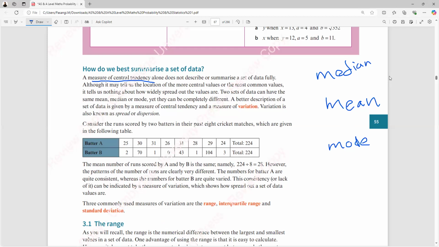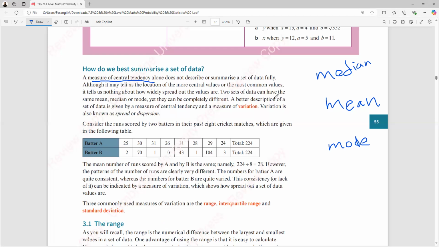Although a measure of central tendency may tell us the location of the most central values or the most common values, it tells us nothing about how widely spread out the values are. So two sets of data can have the same mean, median or mode, yet they can be completely different as well.